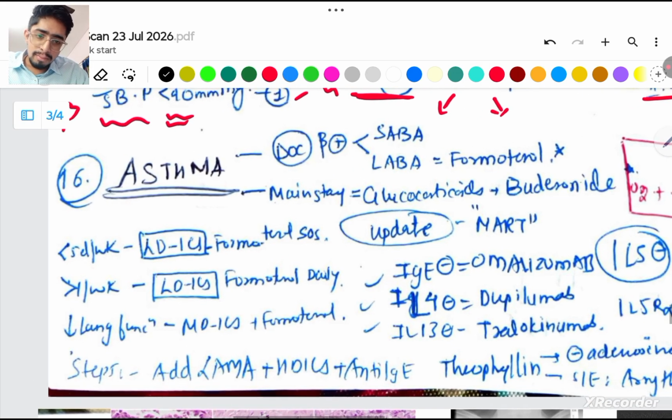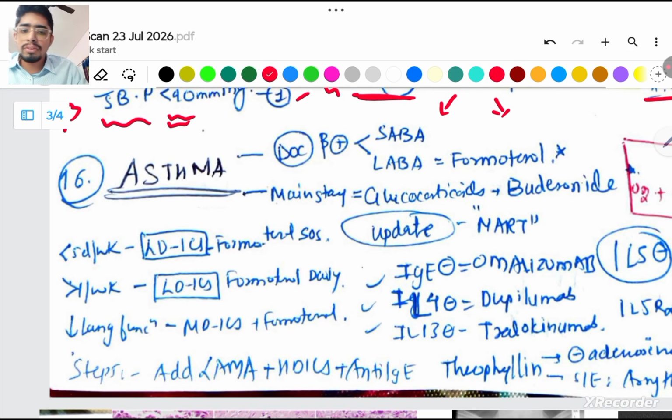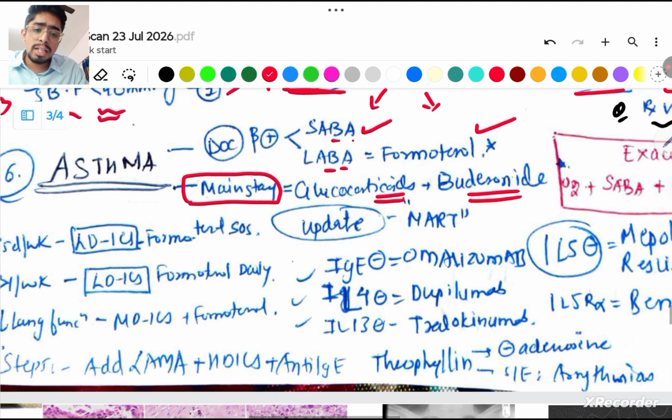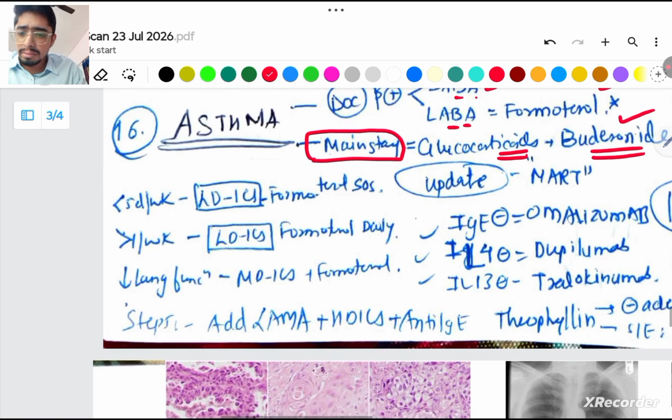Only two important points you need to remember: the drug of choice for asthma are your beta agonists, like your short acting beta agonist, and then there are long acting beta agonists, which is your formoterol. The mainstay of treatment for asthmatic patients are your glucocorticoids, right? You must have heard about budesonide. Budesonide is your glucocorticoid.